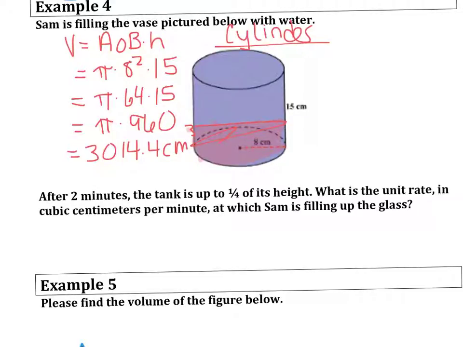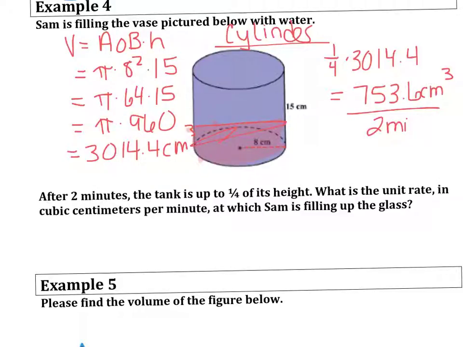So I'm going to do 1/4 times my volume, which was 3,014.4 cubic centimeters. And I end up getting 753.6 centimeters cubed. Okay, now that happened in 2 minutes time.